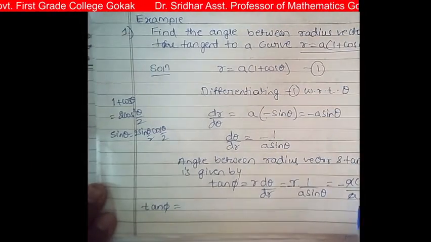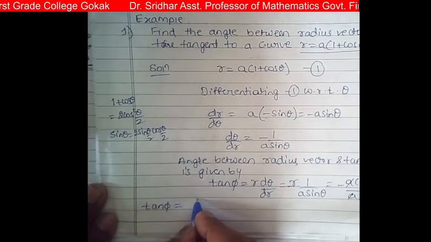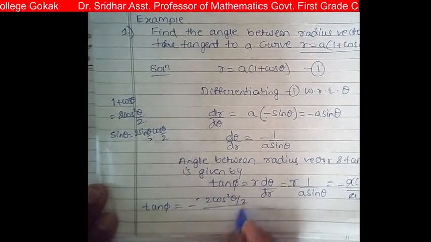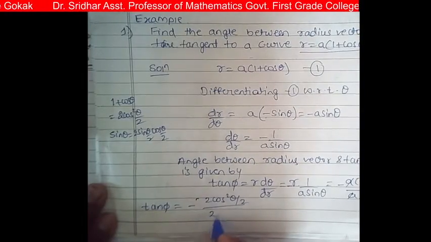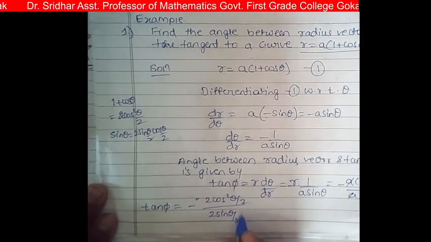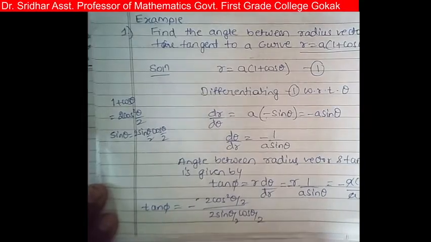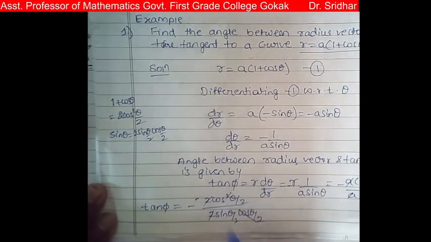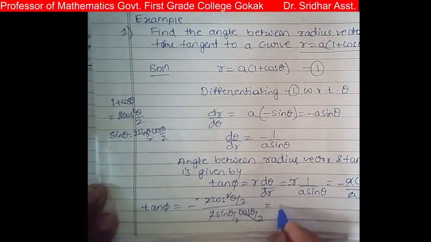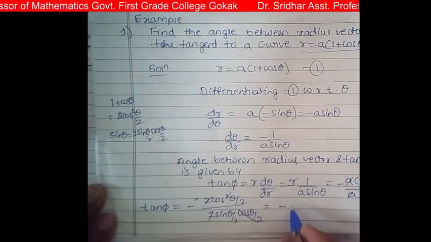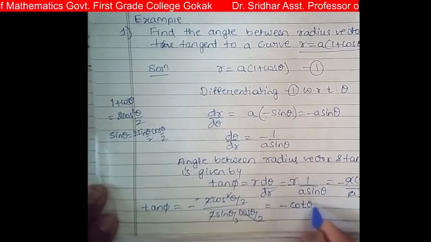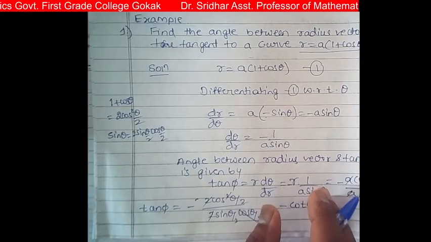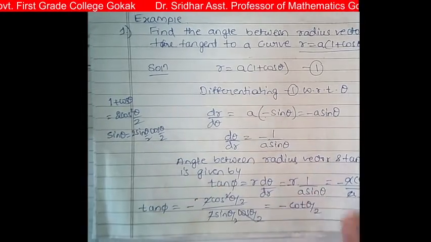So this is the same as minus 2 cos square theta by 2 divided by 2 sin theta by 2 cos theta by 2. Now the 2 gets cancelled, and one cos theta by 2 cancels, which is equal to minus cos theta by 2 over sin theta by 2, which is minus cot theta by 2.